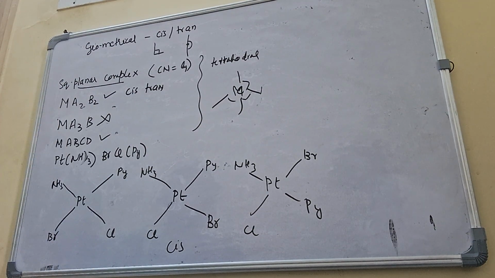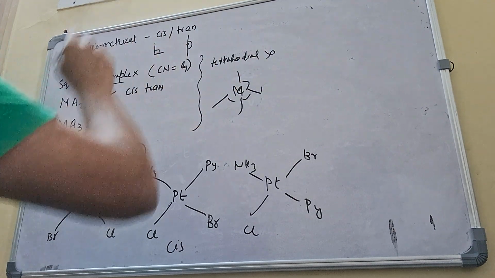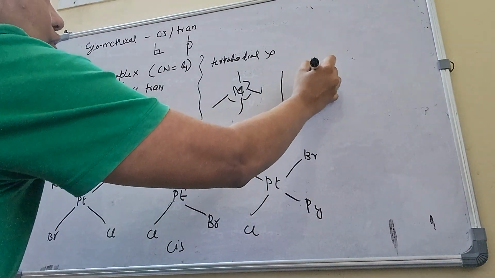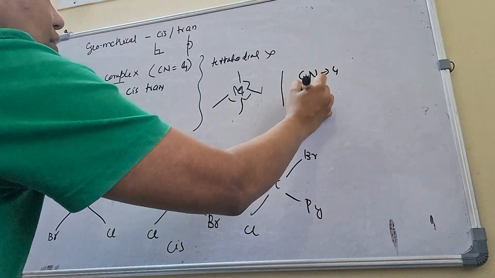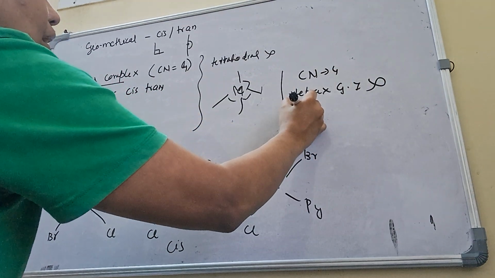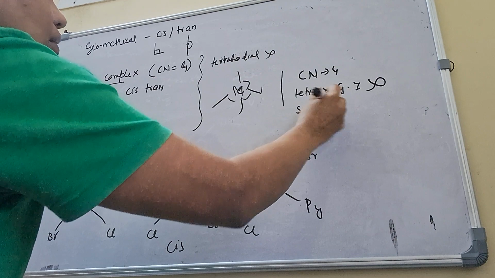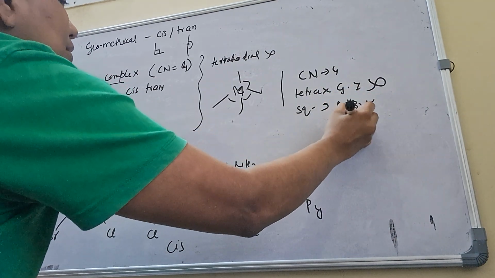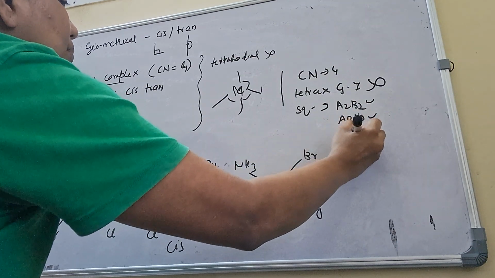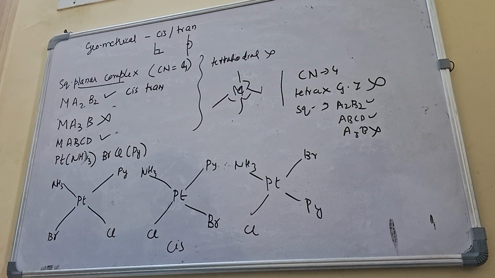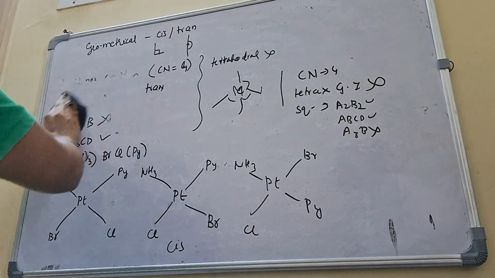So that's the reason it will not show geometrical isomerism. Okay, for coordination number 4, let me write it. If it is tetrahedral, no geometric isomerism. If it is square planar, then A2B2 will show, ABCD will show, A3B will not show. This is the summary.